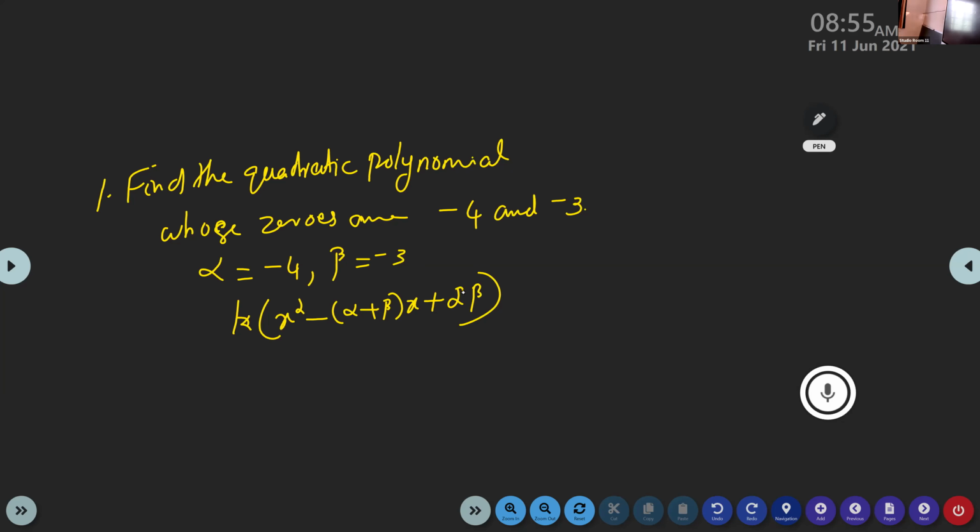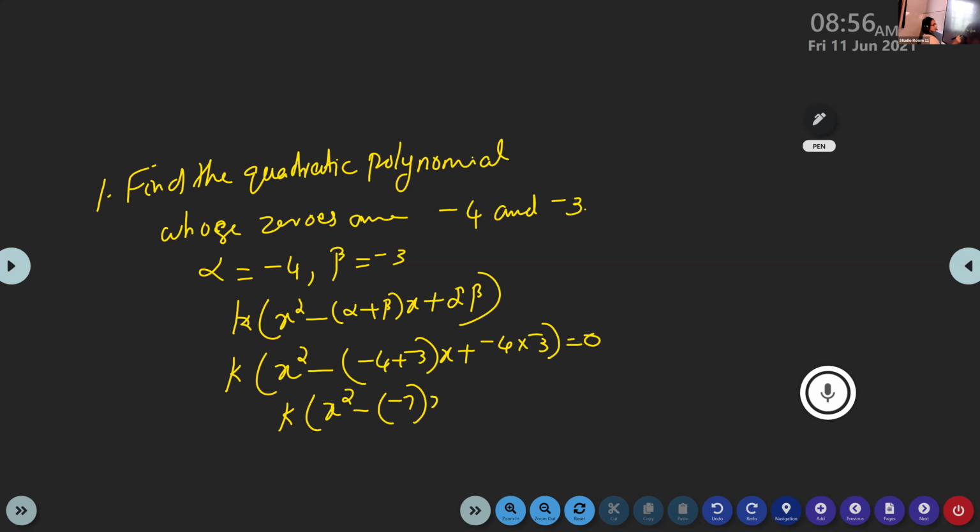So it will be k into x square minus (-4 plus -3) into x plus (-4 into -3) equal to 0. So k into x square minus (-7)x plus 12 equal to 0, that is kx square plus 7x plus 12 equal to 0.